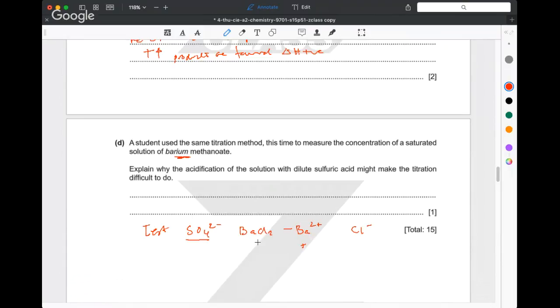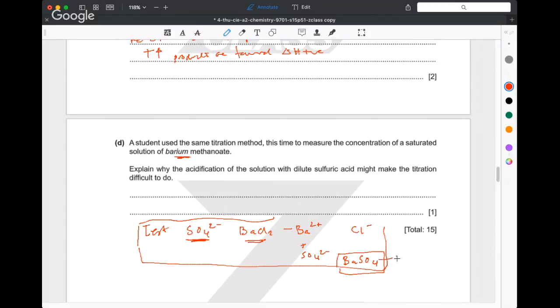And when you add barium chloride, and if the solution you're testing contains sulfate, then those two combine together to give you a precipitate of white barium sulfate. So the thing that you should know from your A-level studies is that to test for the sulfate ion, you add barium chloride, and it immediately gives you a white precipitate of barium sulfate.